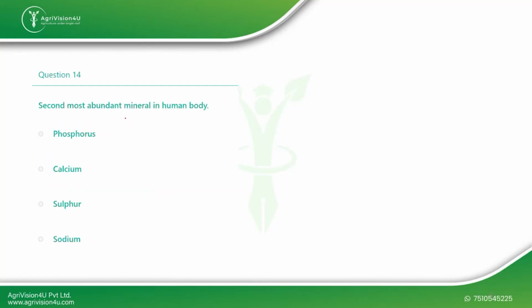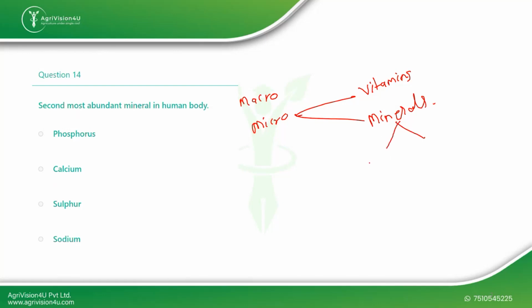The next question is, the second most abundant mineral in the human body is. Now, in the human body you have macro and micro elements basically. Among these you have the vitamins and also the minerals. In minerals you have some major and some minor ones, that is, most abundant and least abundant.